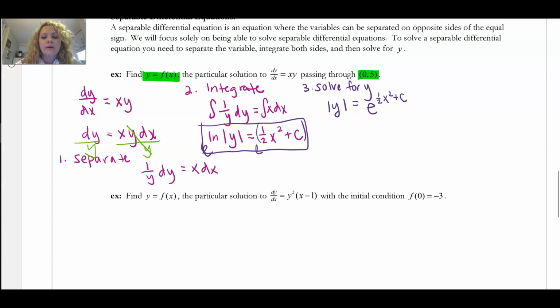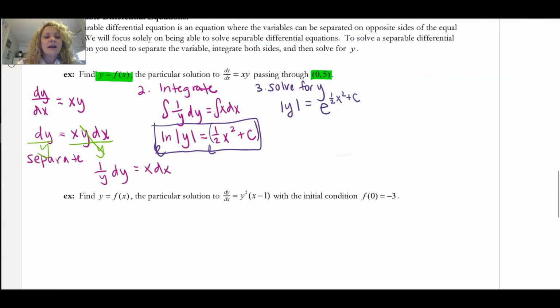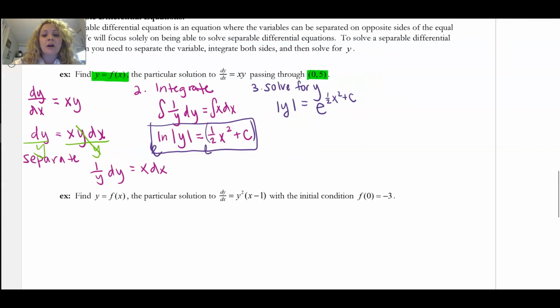From here, there are a couple things we can do. Before we deal with the absolute value, let's remember real fast our rules about powers. If I have, for example, x squared times x cubed, when I multiply 2 powers with the same base, I can rewrite that as a power and add the exponents.